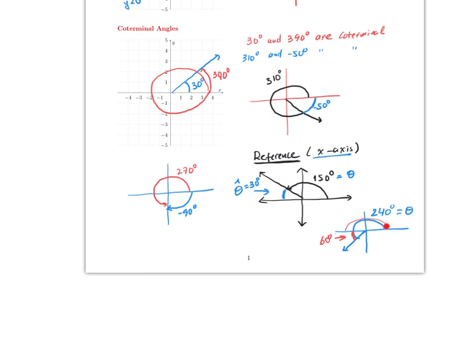So 240 minus 180 gives you 60. So 60 is the reference angle. So theta will be 240, and the reference angle is going to be 60 degrees. And reference angles are going to be very important, like you'll see in a little bit.